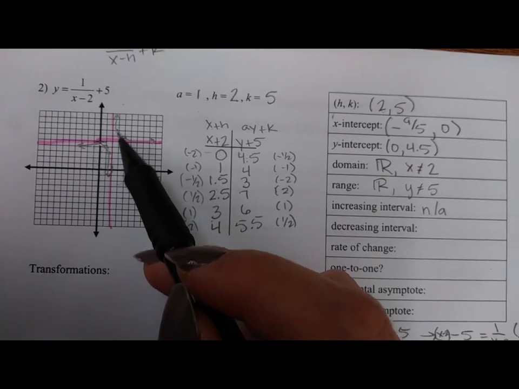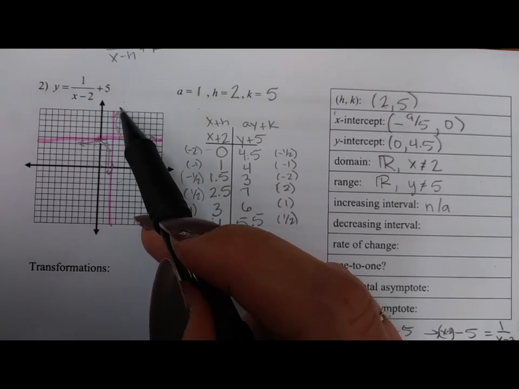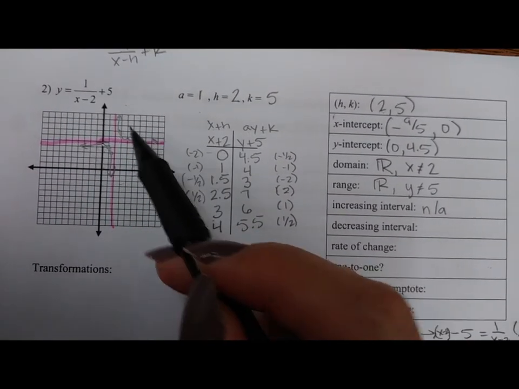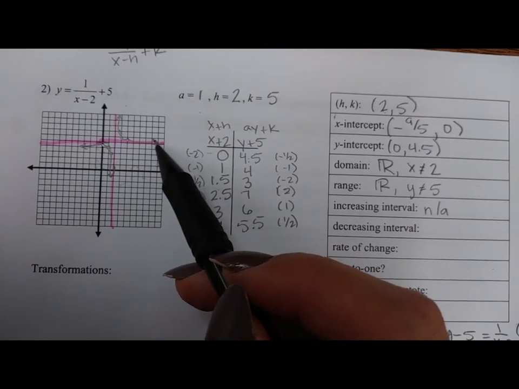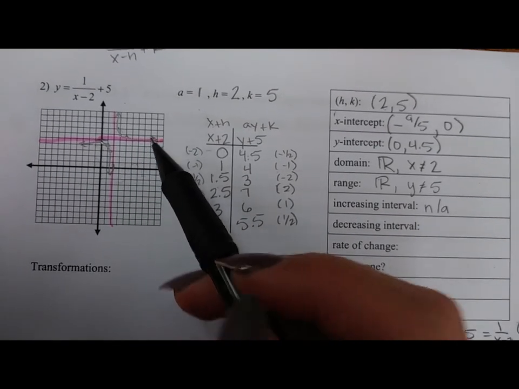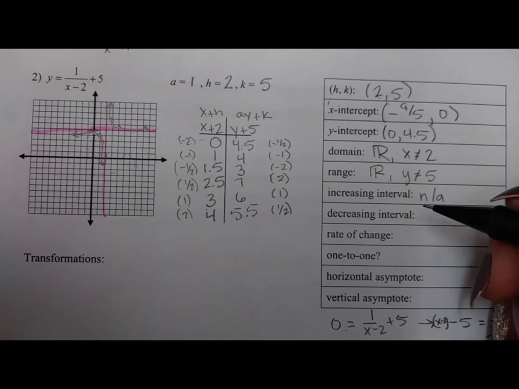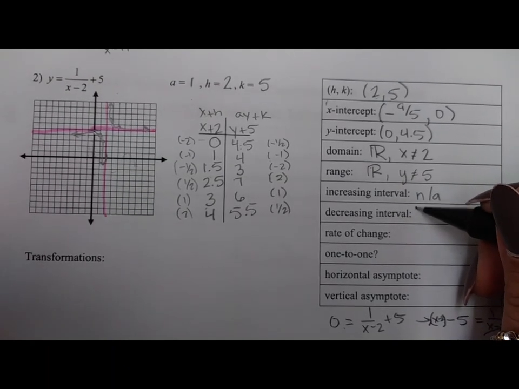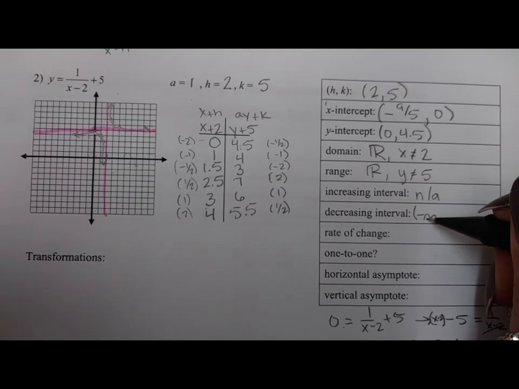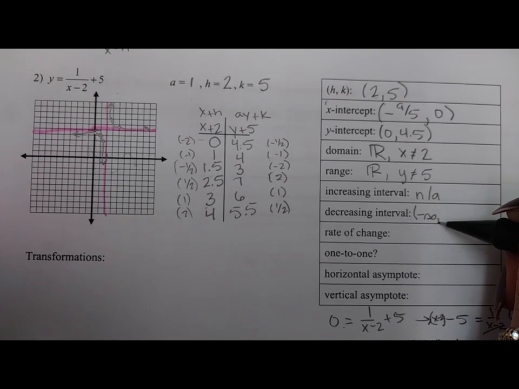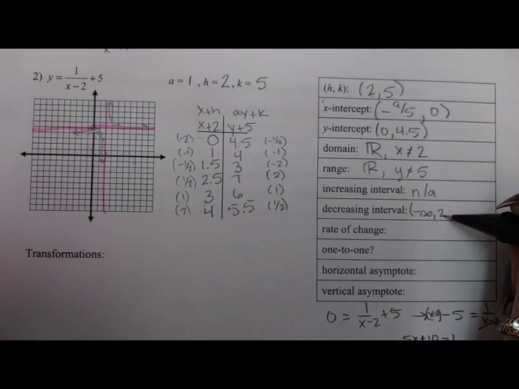That's decreasing. Here, even though this arrow points up, as we move to the right, it swings down and continues to decrease. So we'll say we started at negative infinity to 2.